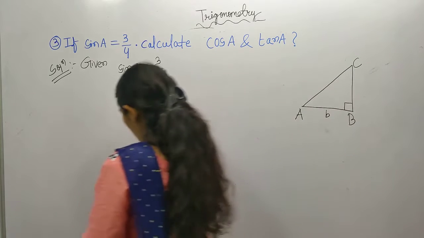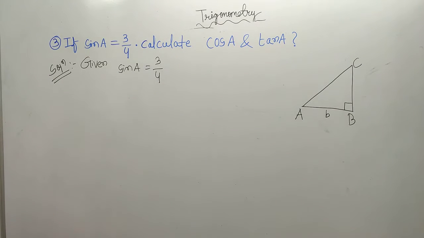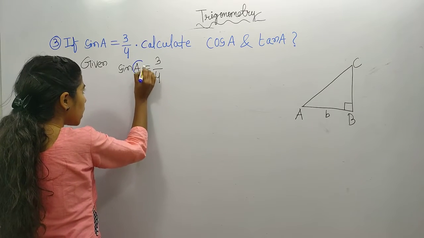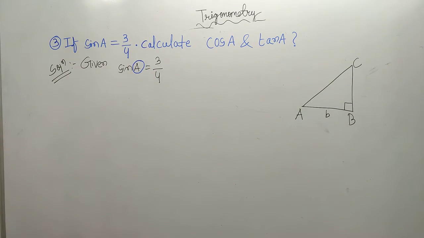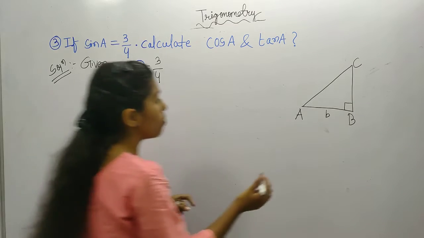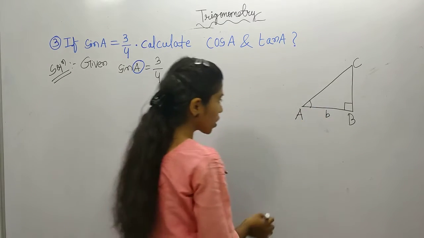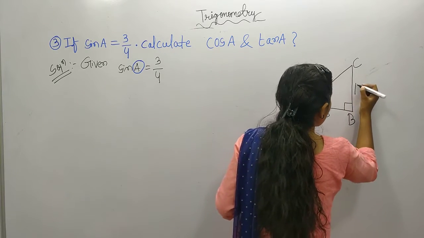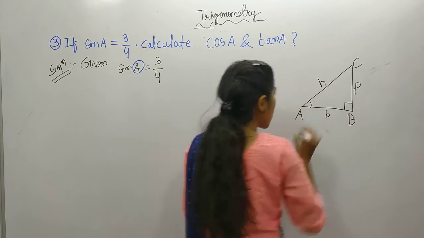Why? I have told you to focus on the angle first. Here it is given angle A, so this is the angle. The side opposite to angle A is BC, so this will be the perpendicular and this is the hypotenuse.